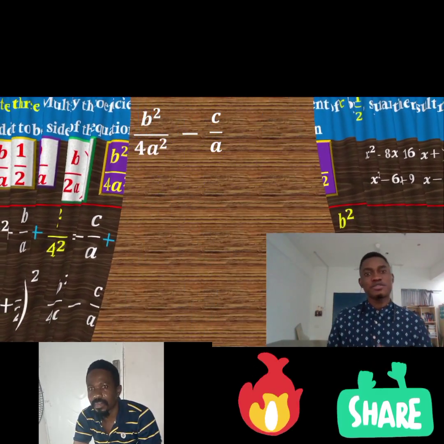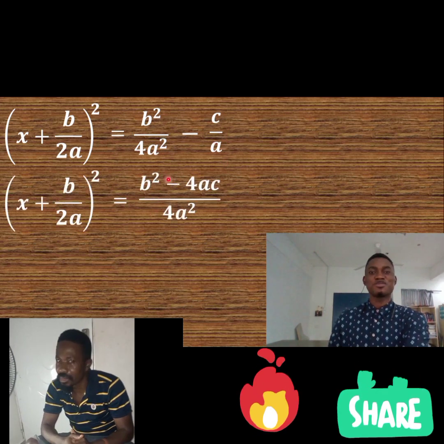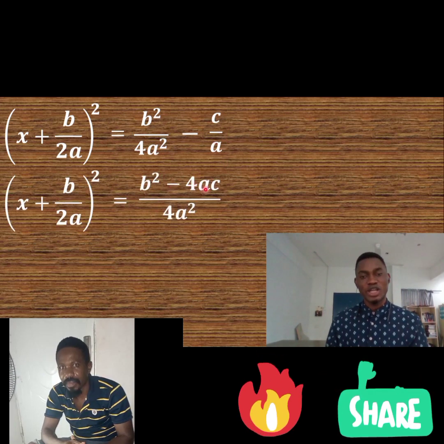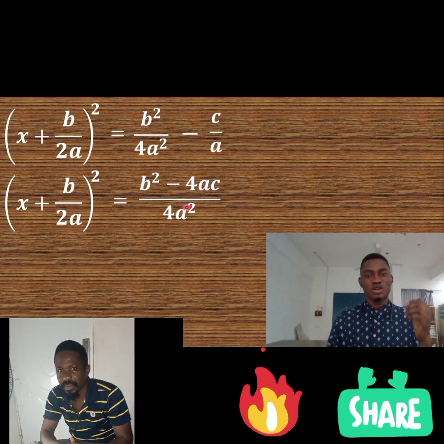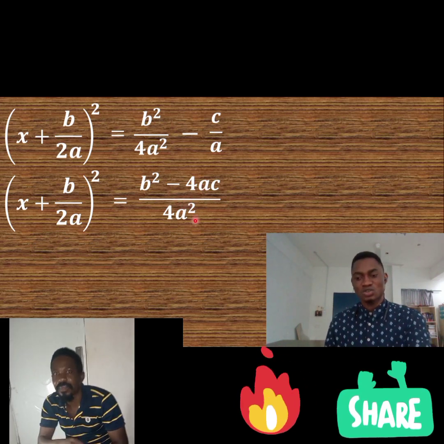So we have x plus b over 2a all squared equal to b squared over 4a squared minus c over a. Let's take the LCM of the right hand side. We'll have b squared minus 4ac all over 4a squared.